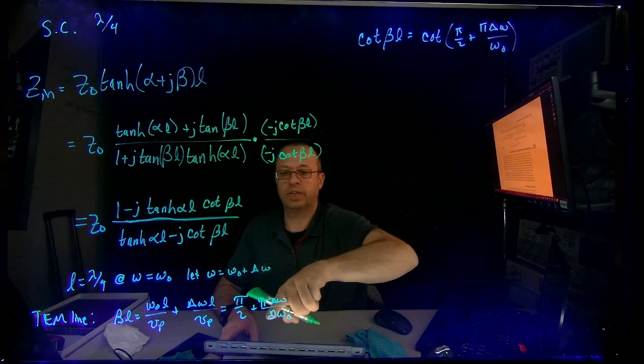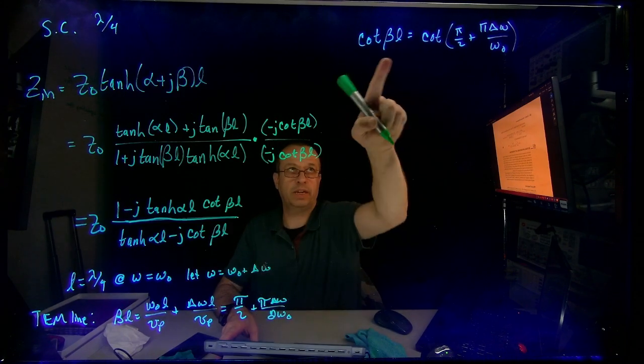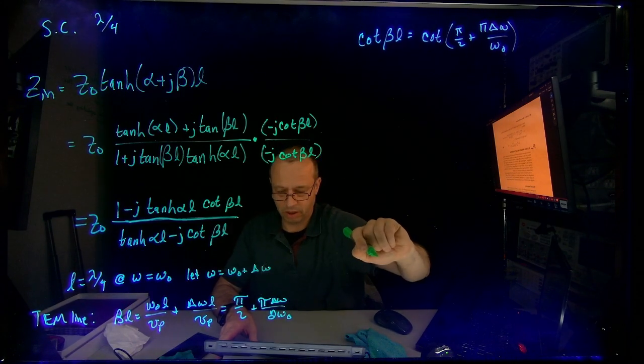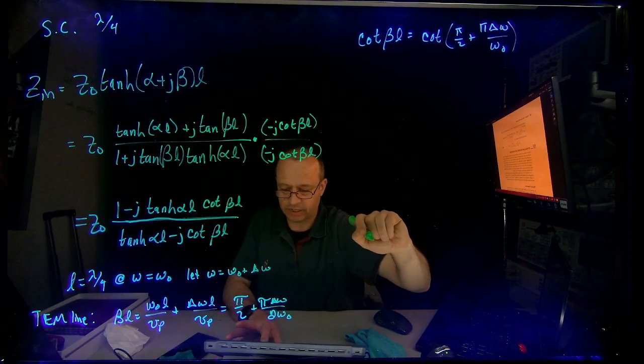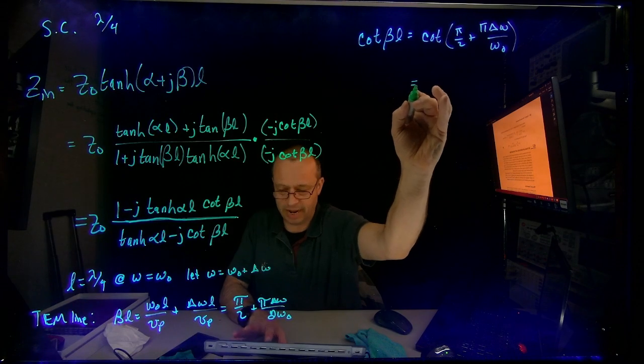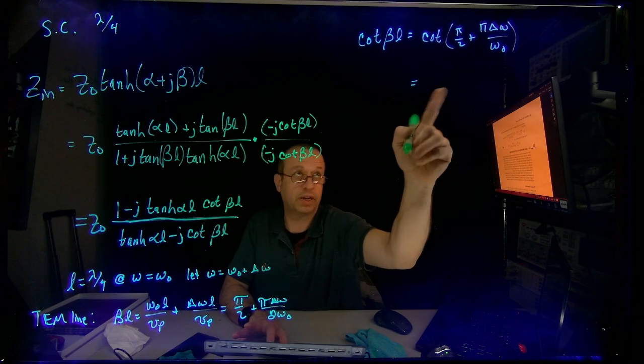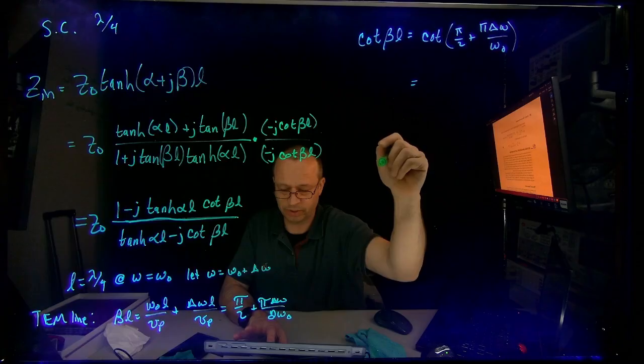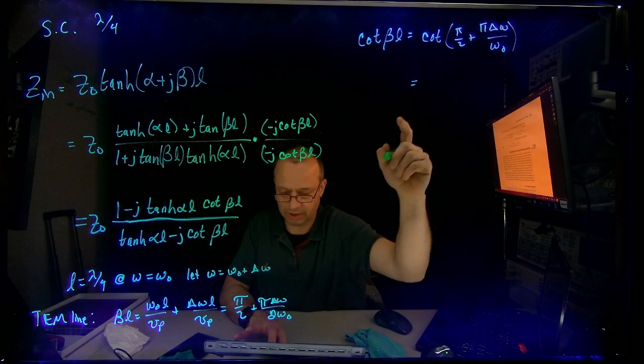All we're doing is replacing this beta L in here and putting it in there. Well, this has a nice setup for it, because cotangent of pi over 2 is 0, so then we end up with some other terms in here.